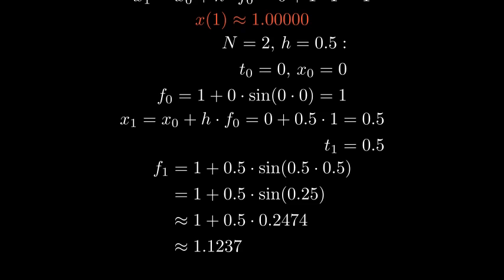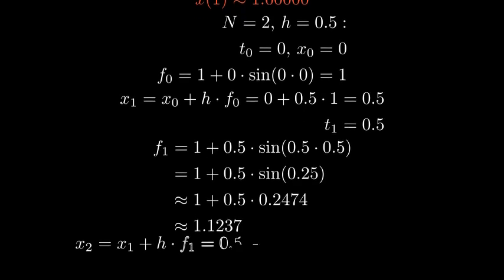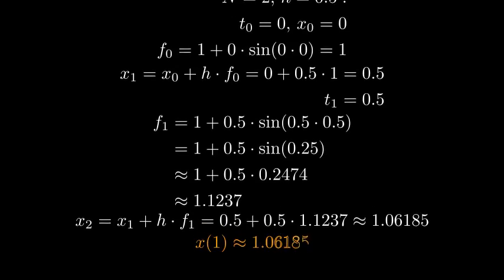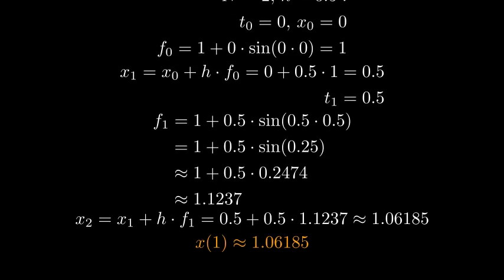So f1 is approximately 1.1237. Now we calculate x2 as x1 plus h times f1, which gives us 0.5 plus 0.5 times 1.1237, which equals approximately 1.06185.